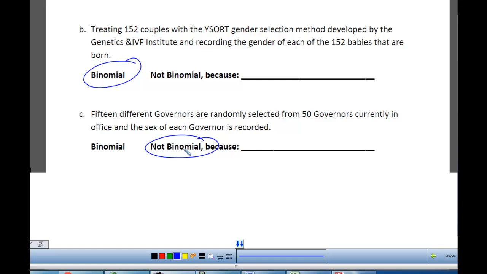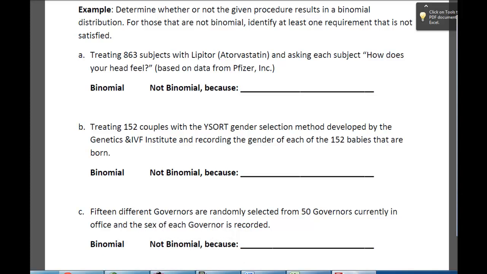Why is it not binomial? Because the trials are not independent and the probability of success is not the same from trial to trial. What's important right now is that we think about what it means to be binomial.